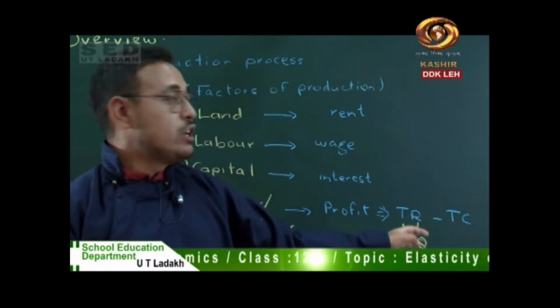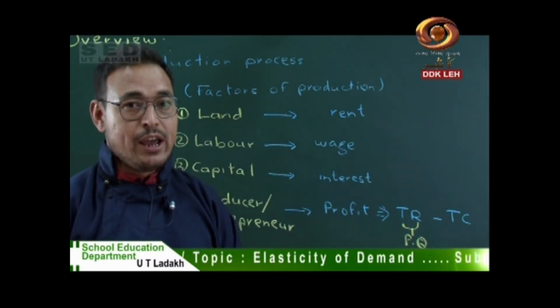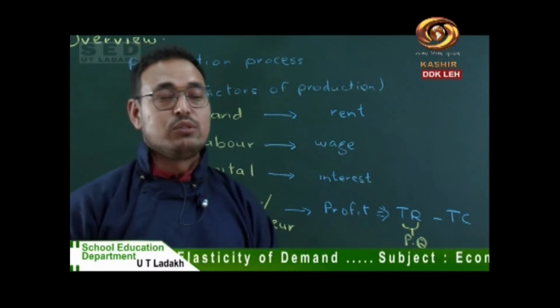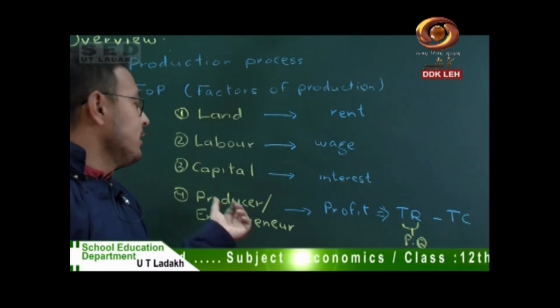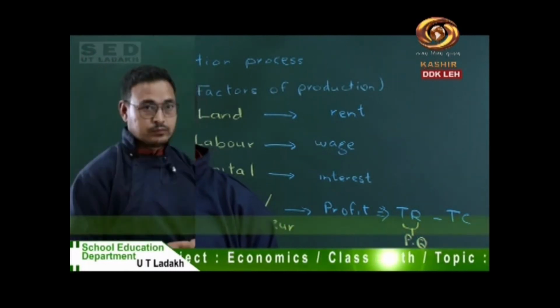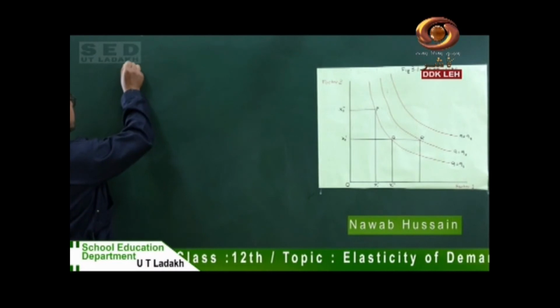Out of this total revenue, he will pay the factors of production, and the difference is what we call the profit. That is the return to the entrepreneur or the producer. So the next subtopic is production function.